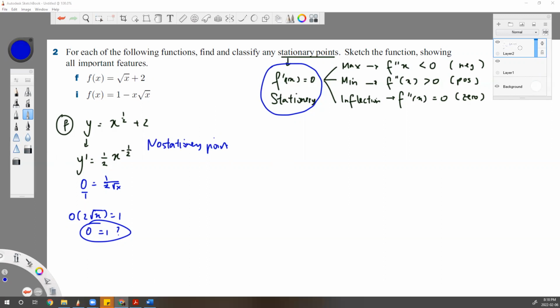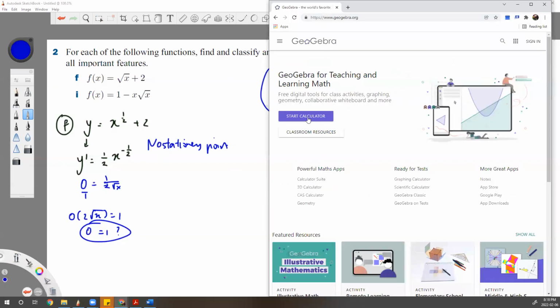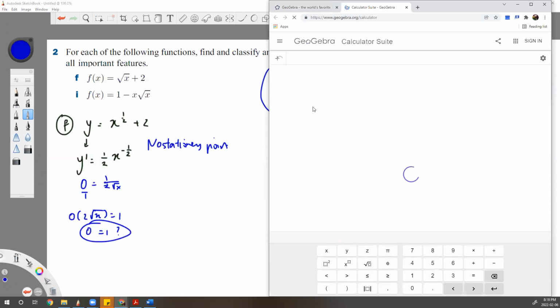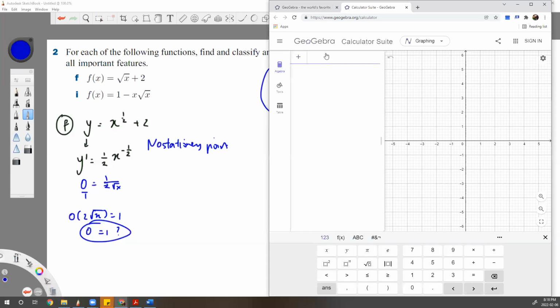Let's prove it with the calculation, I mean the GeoGebra thing. Okay, that's the best way to prove whether it has a stationary point or not. Okay, GeoGebra. y equals x power half plus 2, okay, y equals square root x plus 2.